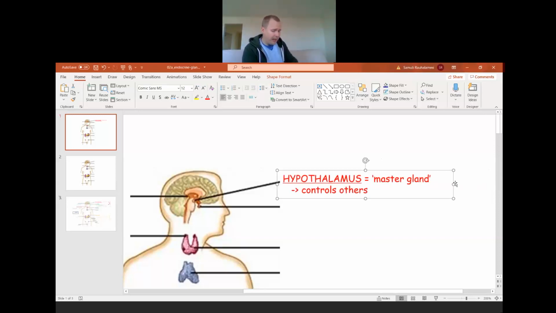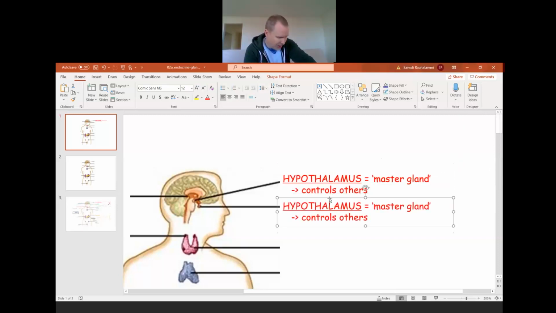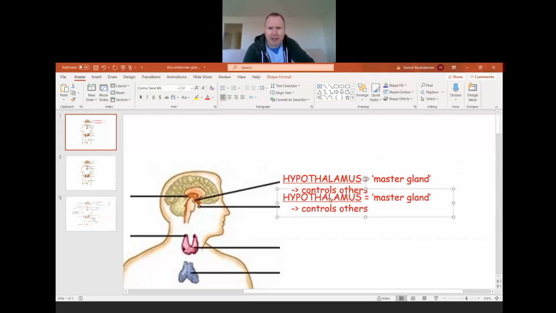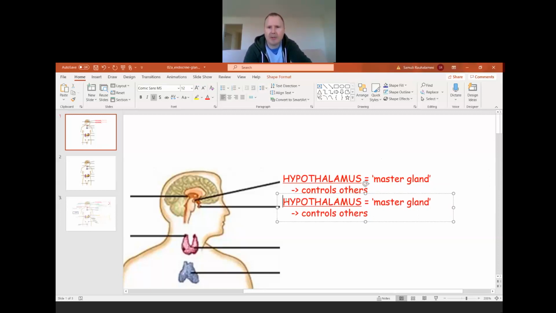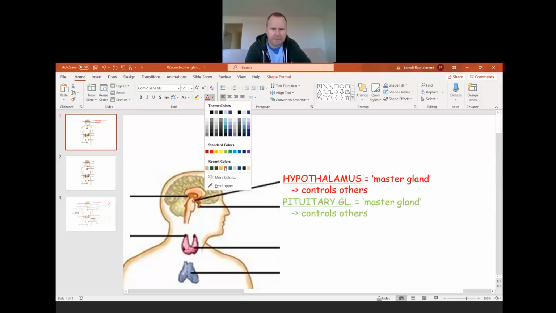So how the hypothalamus works is that it actually sends signals, and we're going to have a look at the second one, which is going to be our pituitary gland. And let's use that as an example. And I'm going to use a different color for that as well.